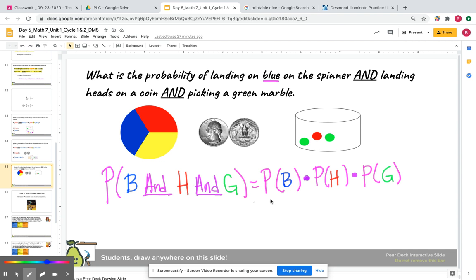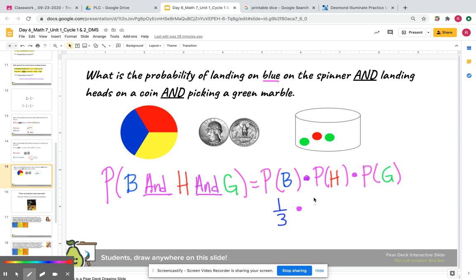Okay, I hope you were able to quickly find that. The probability of landing on blue is 1/3. And then don't forget to drop down the multiplication symbol, because that will be the operator that you need to connect the probability of blue to heads. Now, what is the probability of landing on heads on a coin? Go ahead and write that down and then check in with me.